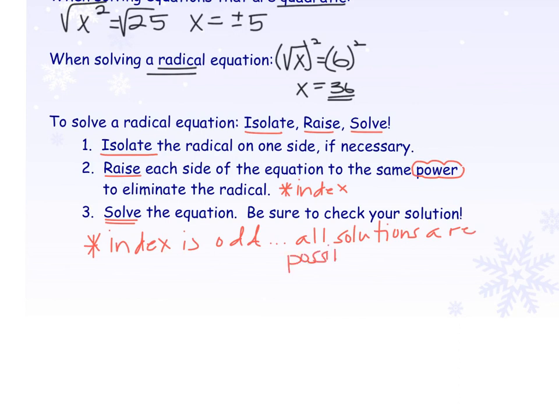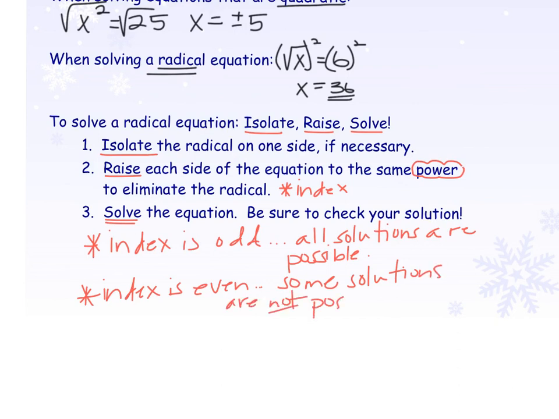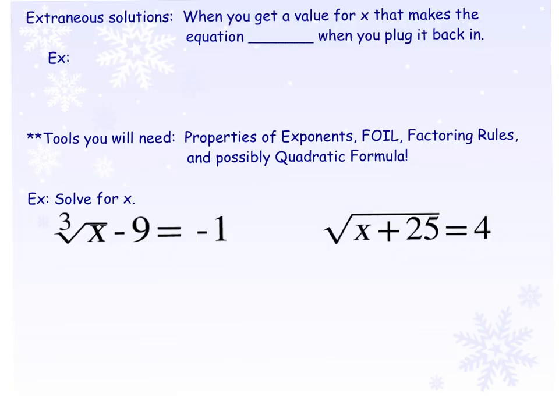But if your index is even, some solutions are not possible, and those are called extraneous. Here's what that will look like. An extraneous solution is when you get a value for x that makes the equation false when you plug it back in. So watch what happens here.